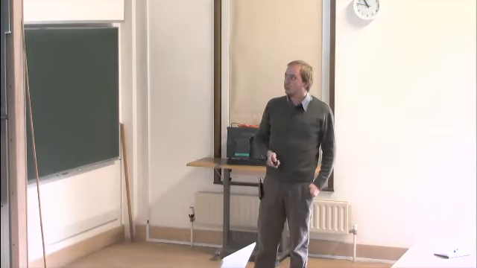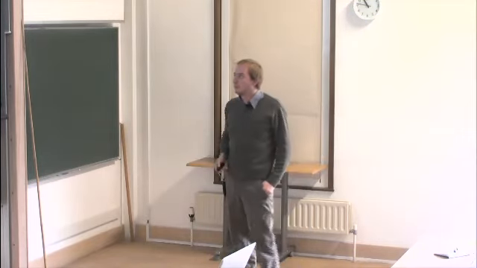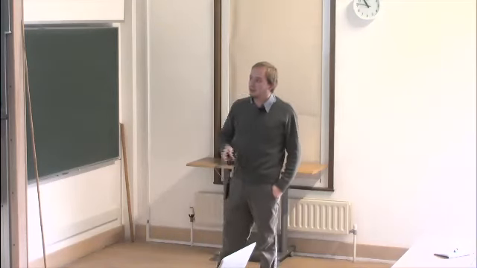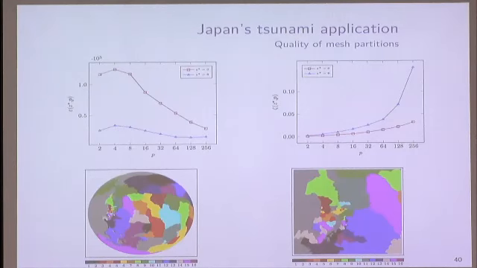So again, here are the multirate groups and a zoom for the two-stage method. Here are the partitions for the multi-constraint partition for 16 partitions, on the zoom and on the world mesh. Again, the total communication volume and the computation to communication ratio, compared for single rate and multi-rate.